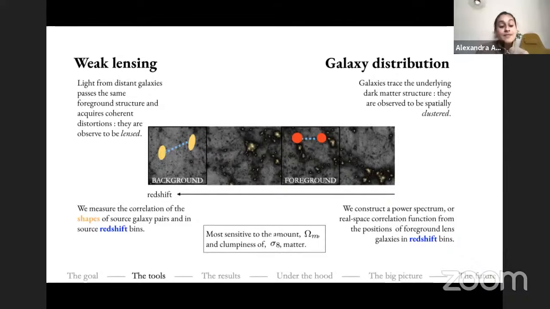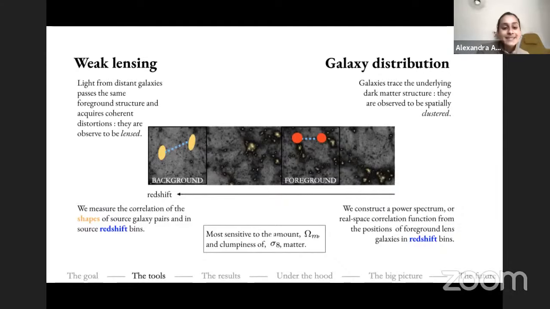Now, to model both of these signals, we need to understand how far away the galaxies in the samples are. So their redshifts, and we measure the photometric redshift distributions of these galaxies. And this allows us to directly relate our signals to the underlying structure of the universe.